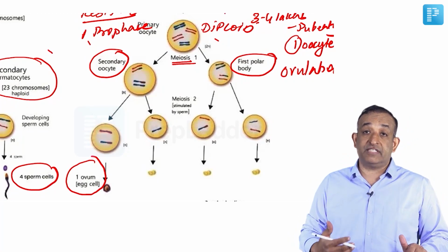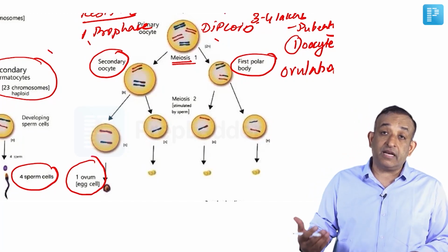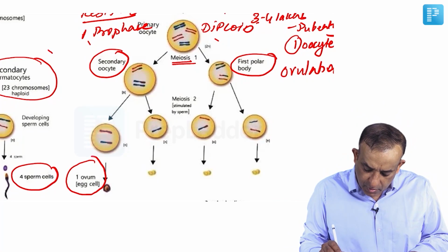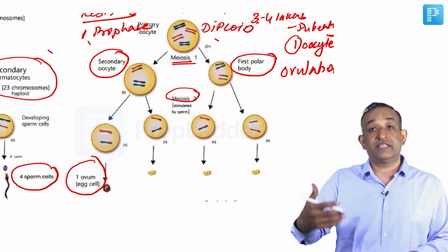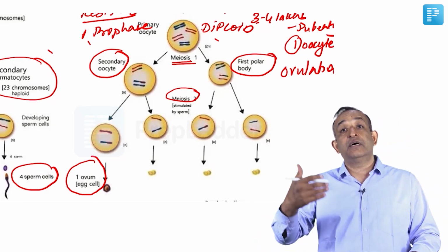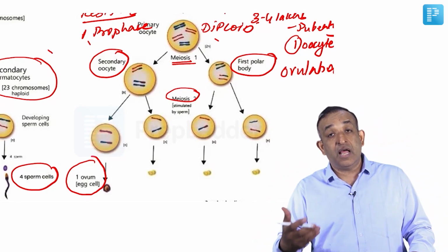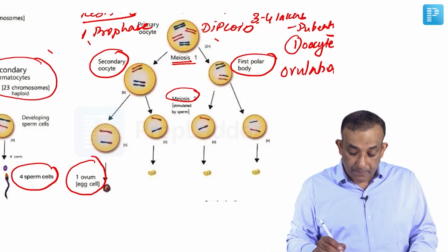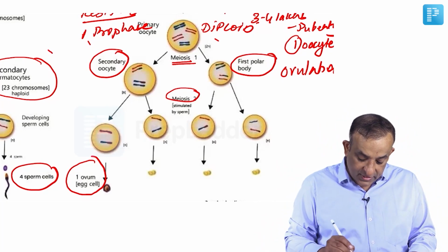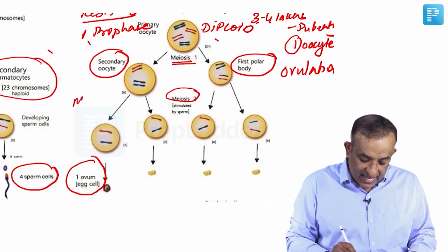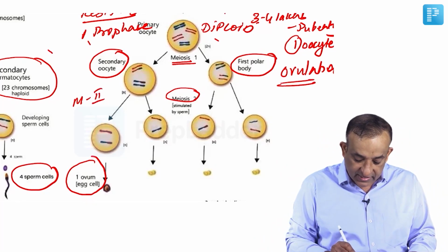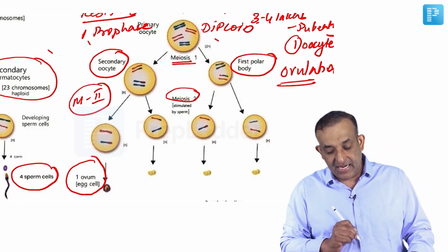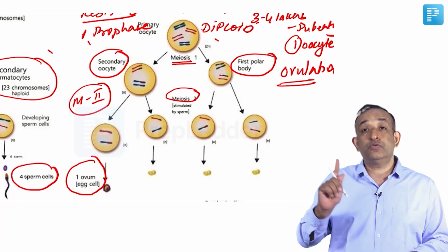Now the oocyte which is released is in the second meiosis. Meiosis 2 has started, the secondary oocyte is released, and that stage is known as metaphase 2. So when this oocyte is released, it is an M2 oocyte, and that oocyte has one polar body.